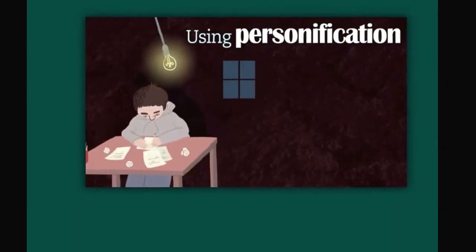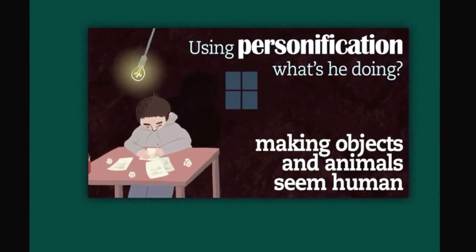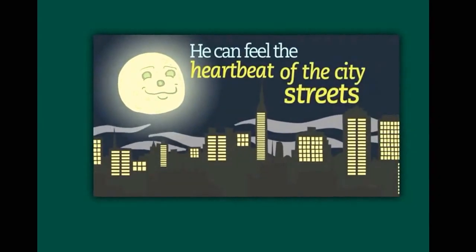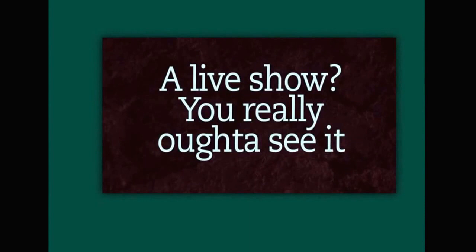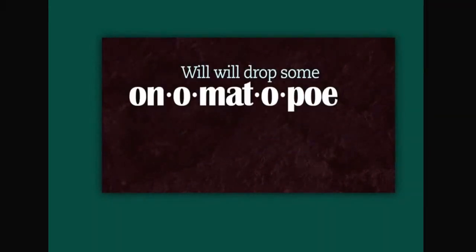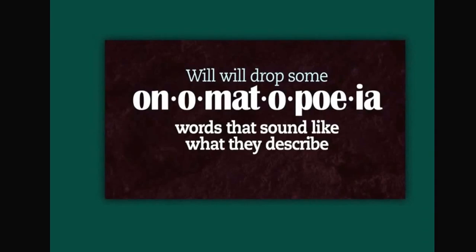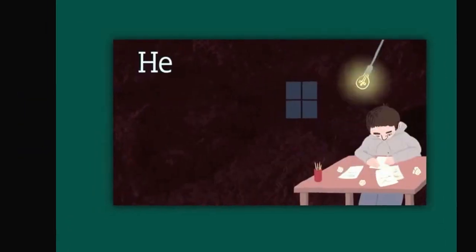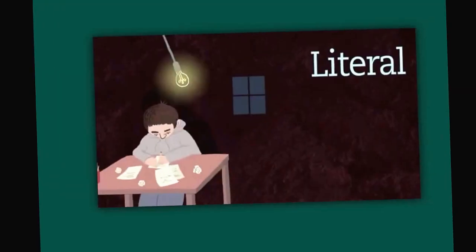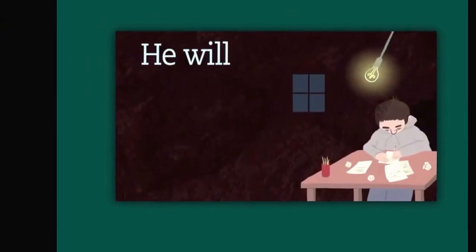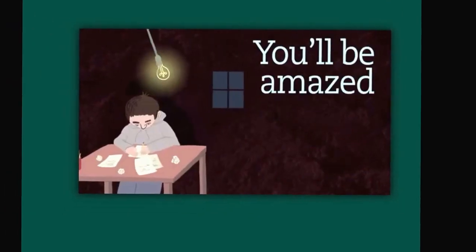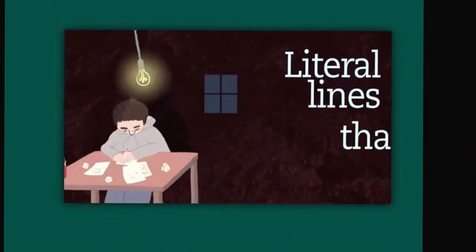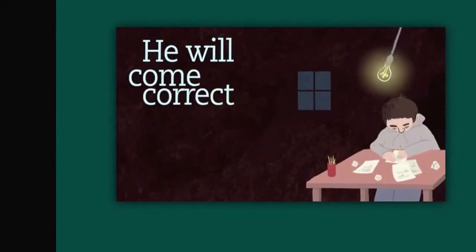Using personification, what's he doing? Making objects and animals seem human. The moon smiles as the city breathes. He can feel the heartbeat of the city streets. A live show, you really ought to see it. Will drop some onomatopoeia, words that sound like what they describe. Now the crowd's buzzing, it's alive. You'll be amazed by every phrase. He will come correct with the wordplay, literal lines that block his way. He will come correct with the wordplay. You'll be amazed by every phrase. He will come correct with the wordplay, literal lines that block his way. He will come correct with the wordplay.